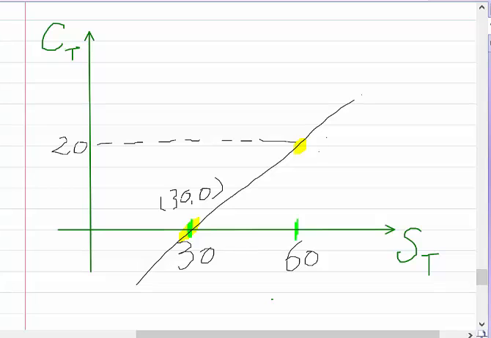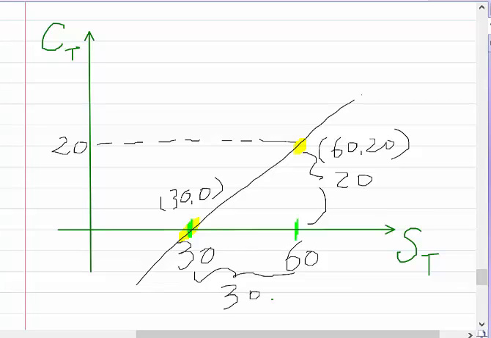That's one point. The other point is 60, 20. The vertical distance is 20. The horizontal distance from 30 to 60 is 30. And the slope here is 20 over 30, which gives you 2/3.